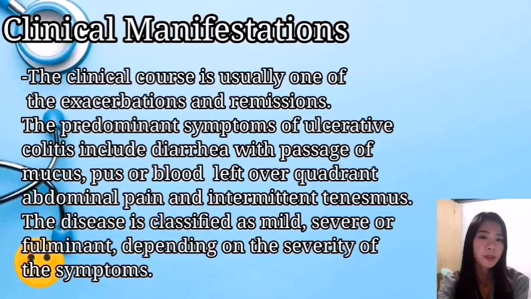Signs and symptoms may include diarrhea, often with blood or pus, abdominal pain and cramping, rectal pain, rectal bleeding, passing a small amount of blood with stool, rectal urgency to defecate, inability to defecate despite urgency, weight loss, fatigue, and fever and failure to grow in children.